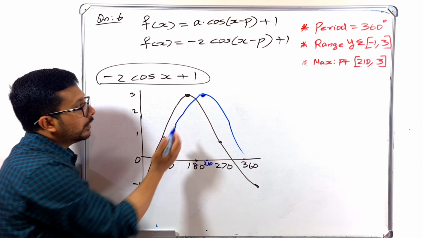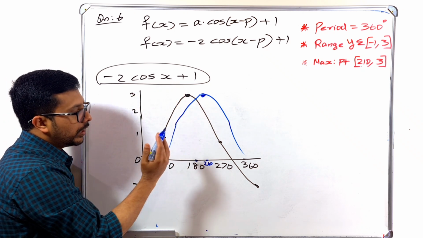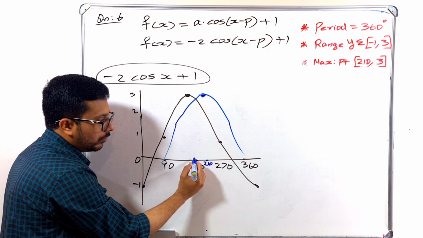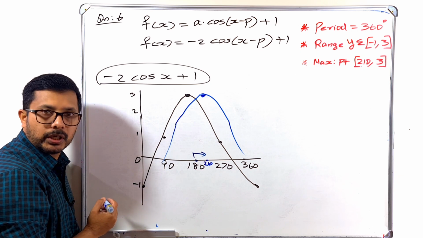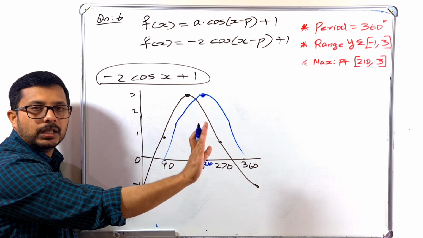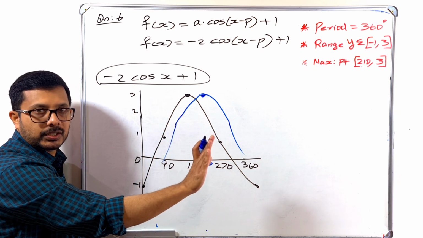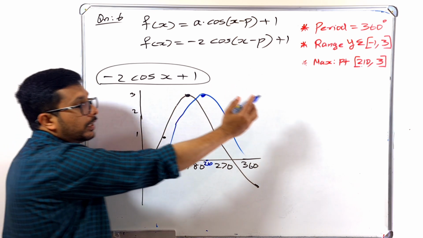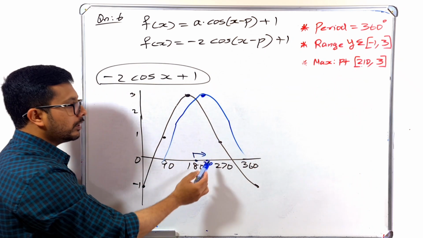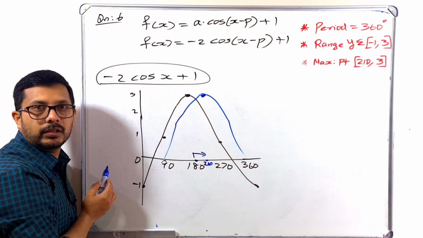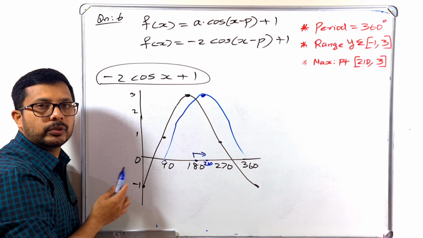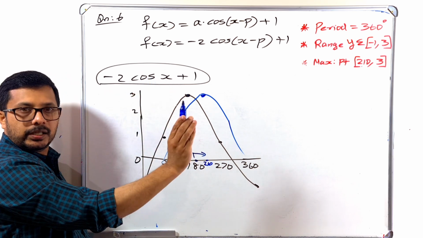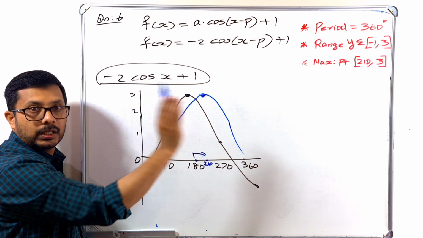So it means that this graph is shifted 30 degrees. Is it not 30 degrees? 180 to 210. That means 30 degrees to the right. Do you understand? Otherwise when it is 180, we got the maximum value as 3. But they are saying that only when it is 210 they will get the maximum value as 3. Okay, so it means that this graph is shifted 30 degrees to the right.